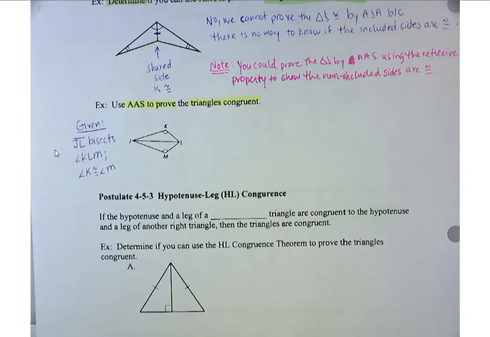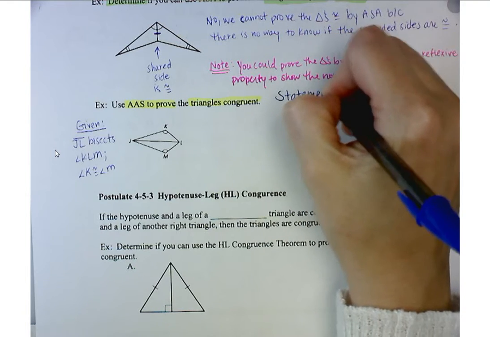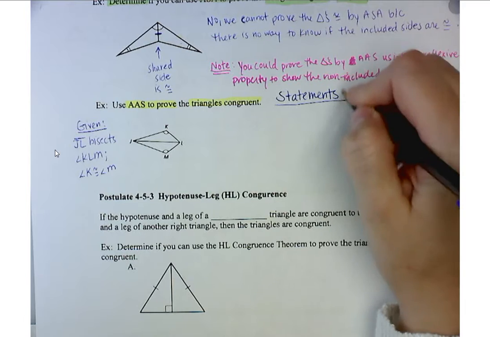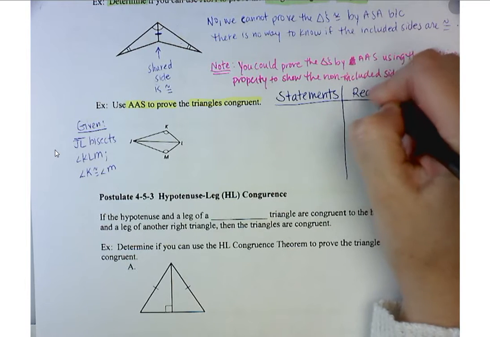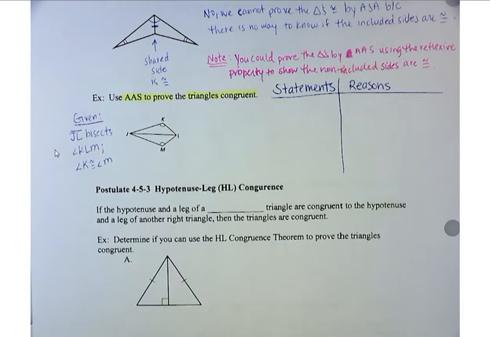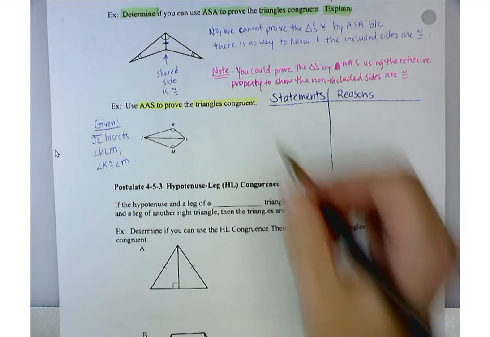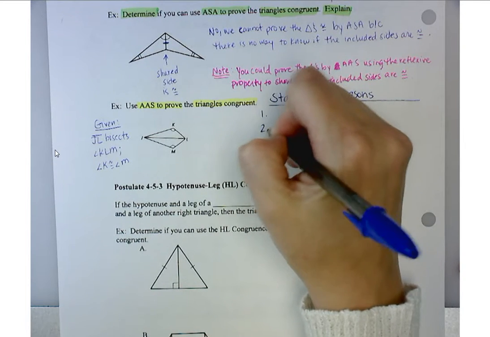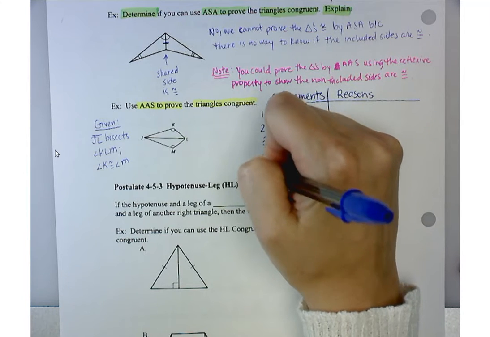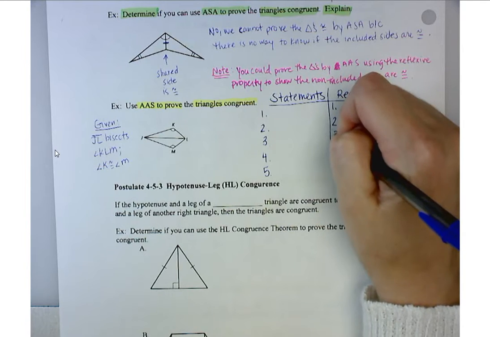Okay, so you guys are going to start doing proofs without any help. So we're going to set up our statements and our reasons. For this one, I am going to tell you that there are 5 steps. And then you are going to use your given in 2 different steps.